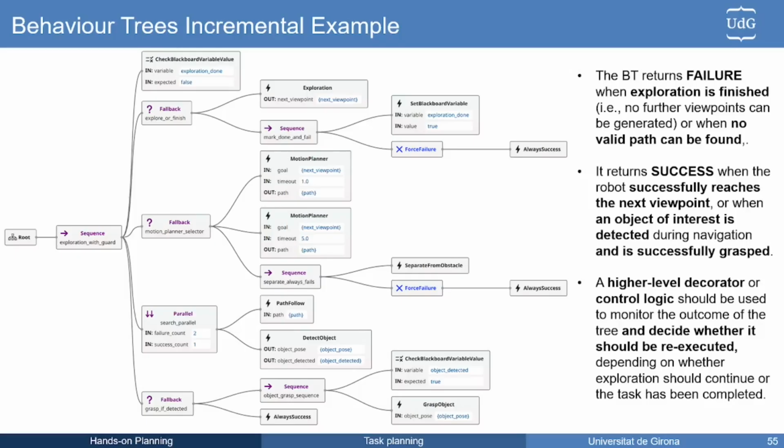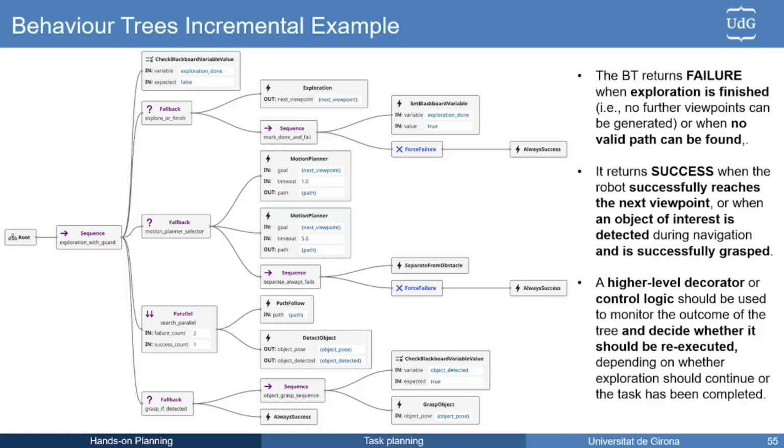It means that this tree returns failure if the exploration is over or if we are unable to plan, and it returns success if we have grasped an object or we have reached a point that we have explored but have not found objects in the middle.